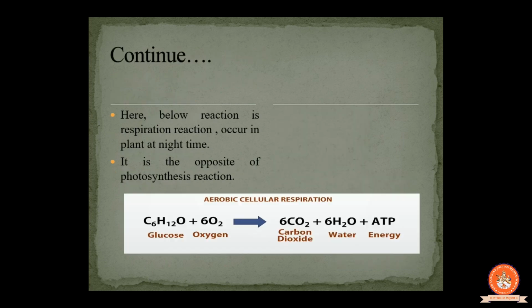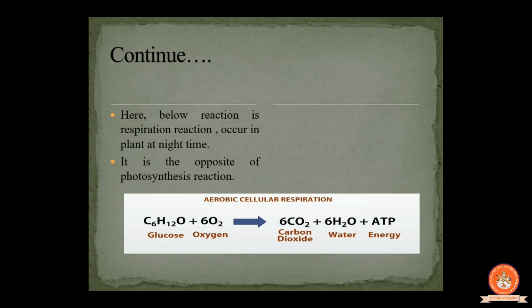So when the respiration occurs, this respiration reaction occurs in the plant at night time. Yes, respiration कब होता है, प्लांट के अंदर नाइट के टाइम में होता है. क्लियर? सो नाइट के टाइम पे देर इज नो सनलाइट. So if there is sunlight, the process which occurs in the plant is the photosynthesis process. So it is the opposite of the respiration process.